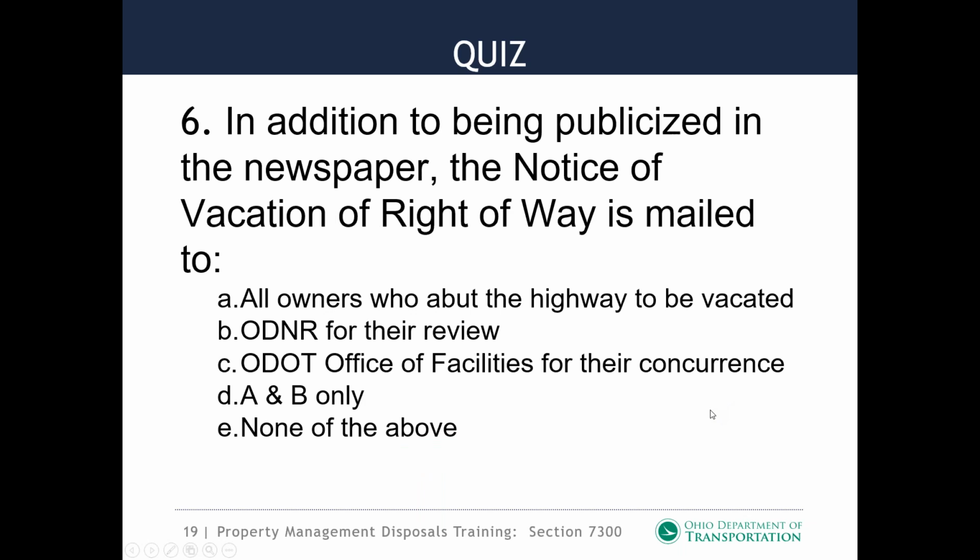Number 6, in addition to being publicized in the newspaper, the notice of vacation of right-of-way is mailed to.